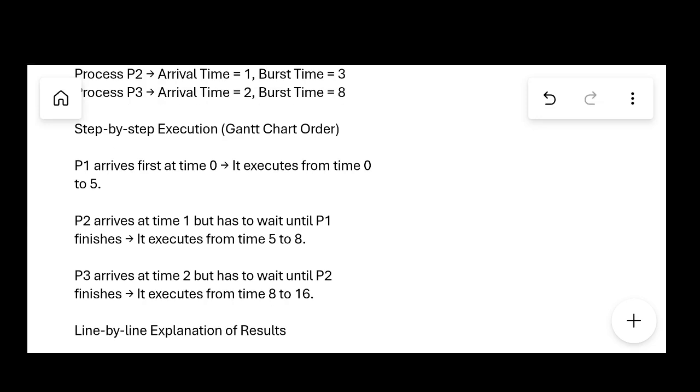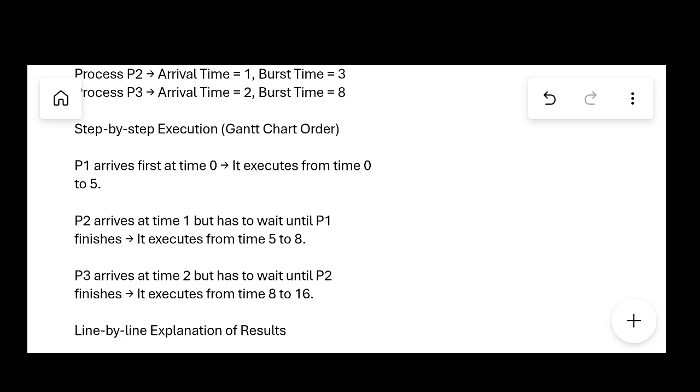Basically at time 0 only P1 is available, so P1 will start execution and run from 0 to 5. Then P2 is already waiting since time 1, so after P1 finishes, P2 will get the CPU and run from 5 to 8.